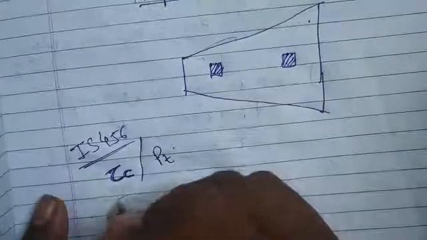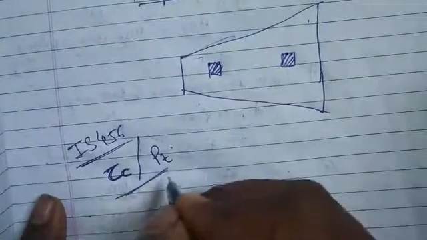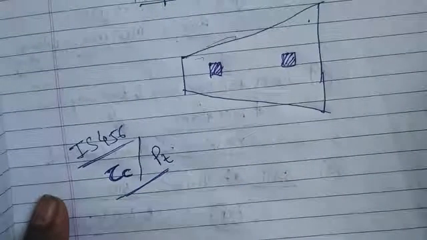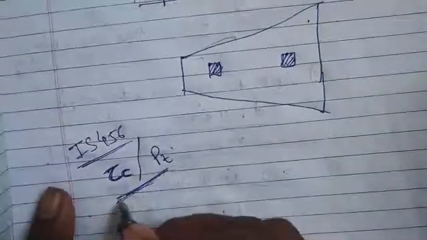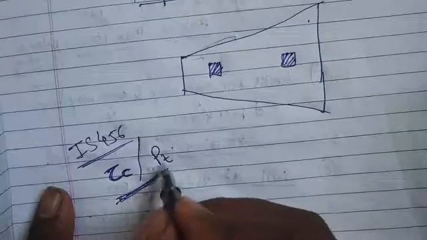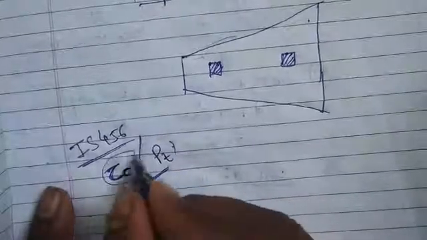So I expect that you refer to this IS code and you see how we have calculated this value of tau c from PT.